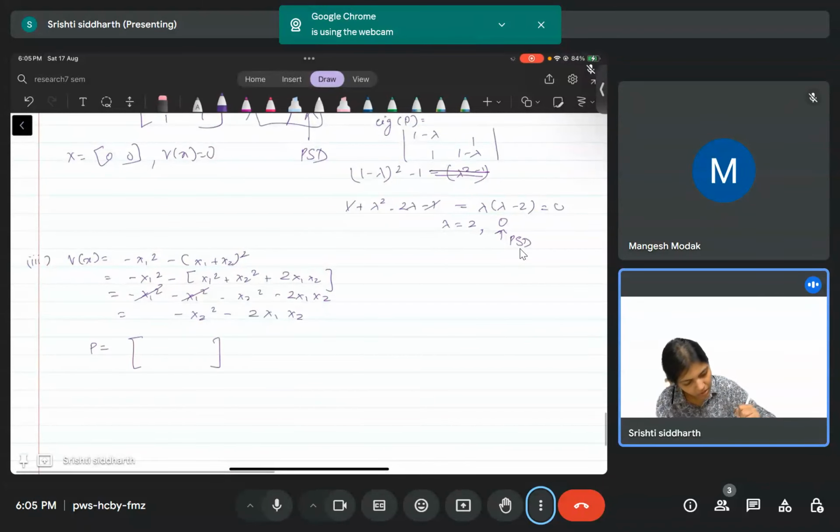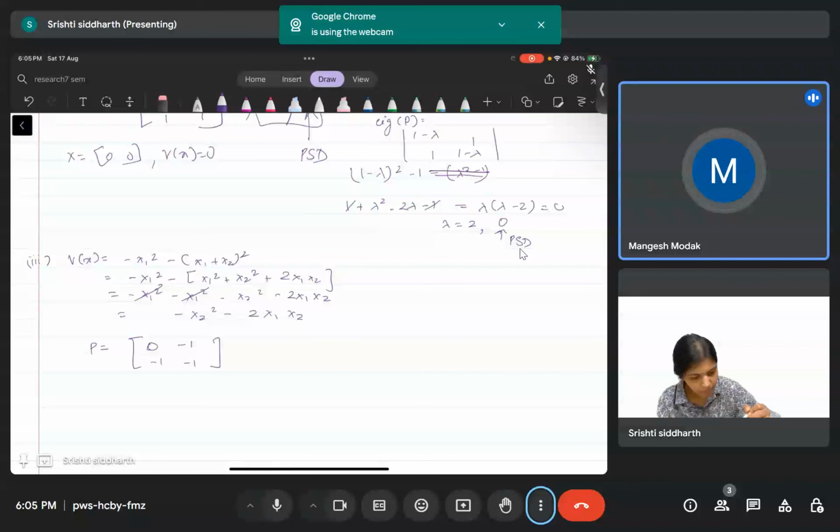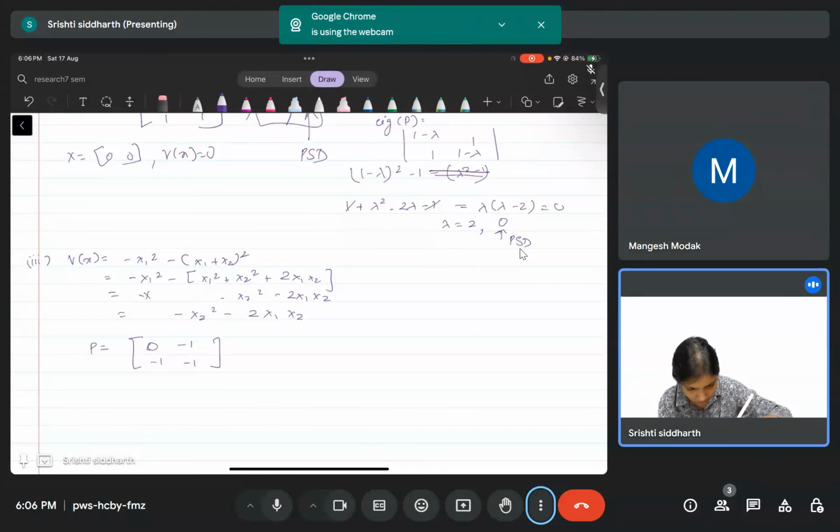So the matrix is minus 1. So this is 0. Okay. Then plus, this becomes minus 2. And this was P times P1 towards minus 1.